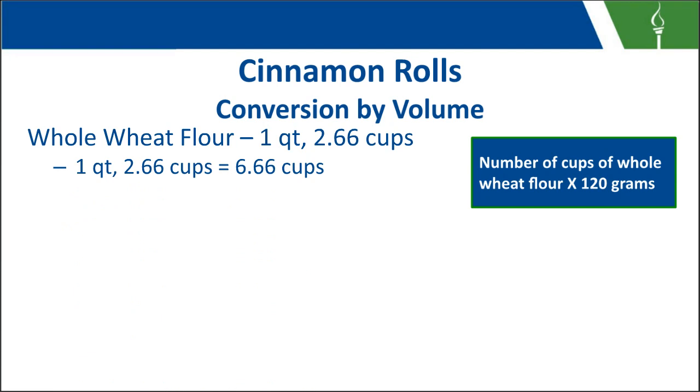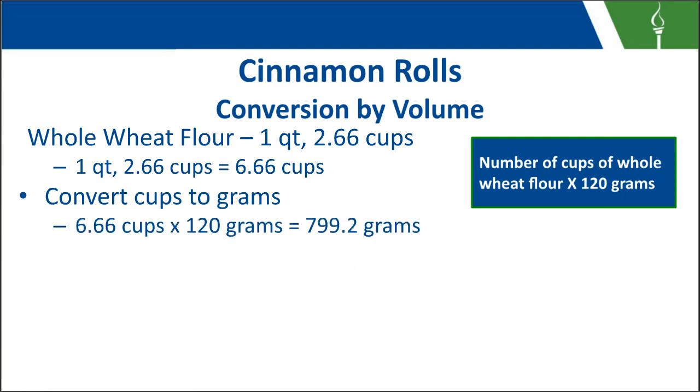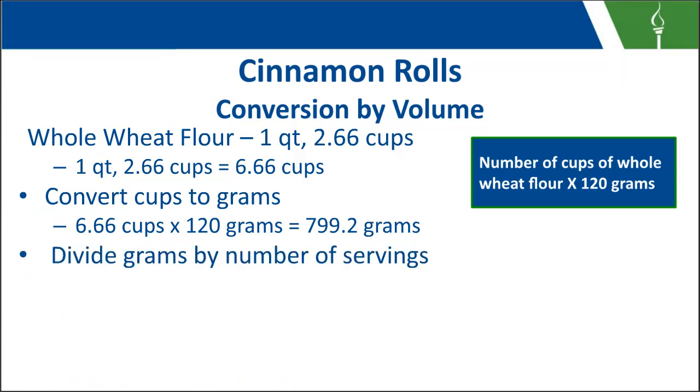Since there are 4 cups in a quart, we're just going to add 4 to the number of cups that we have, which will give us a total of 6.66 cups of whole wheat flour. Then we're going to convert our cups to grams, so multiplying our 6.66 by 120 grams, which will equal 799.2 grams of whole wheat flour.